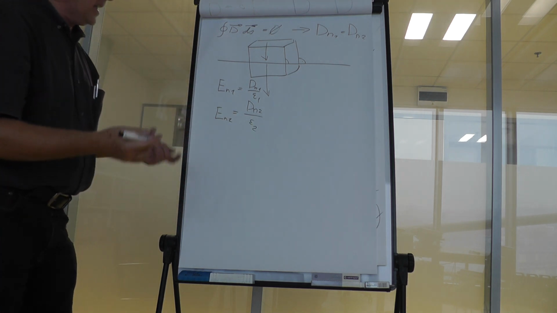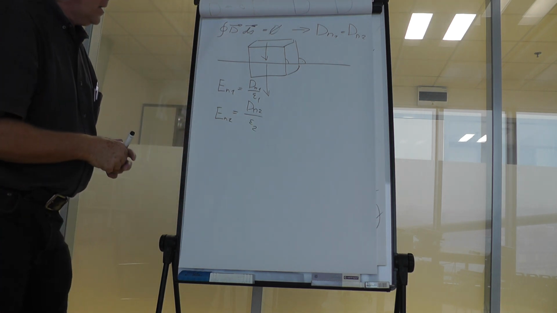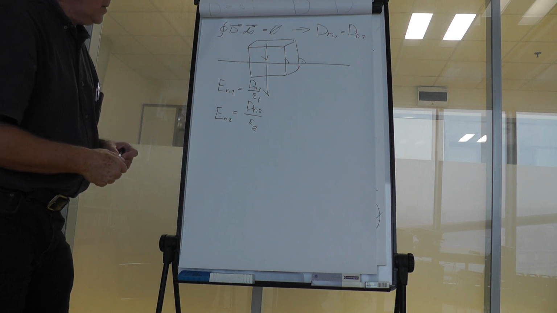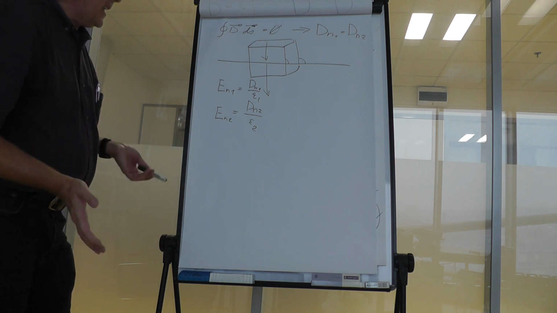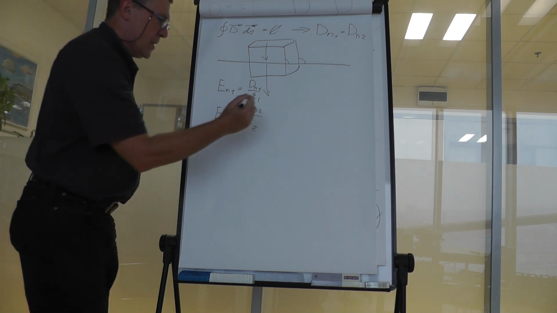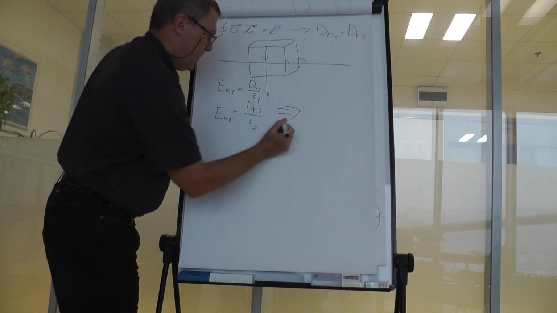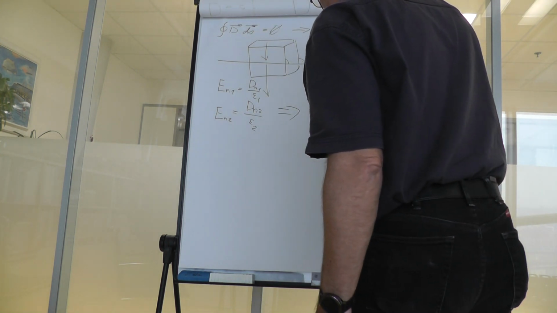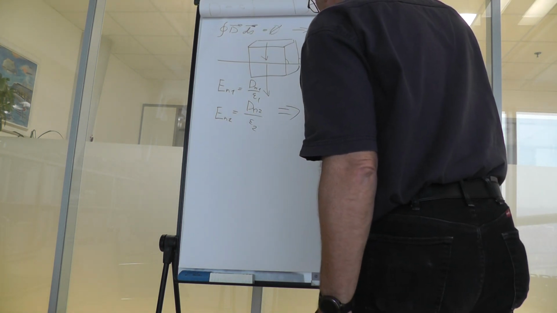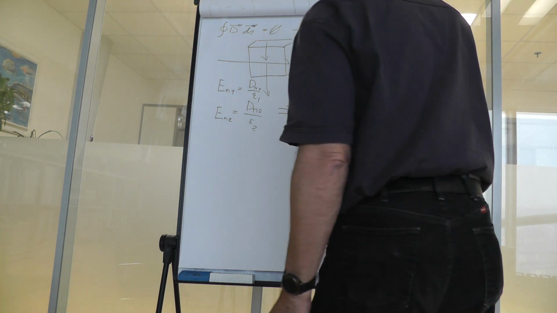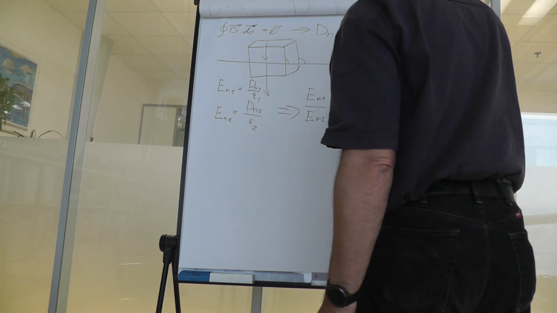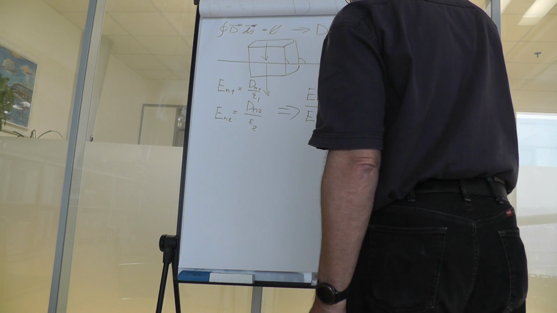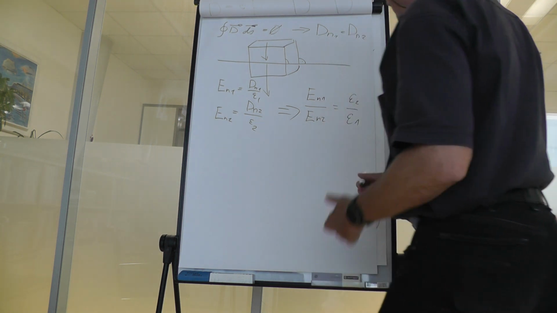Again, as there is nothing against dividing those two equations, we would get E normal 1 over E normal 2 as epsilon 2 over epsilon 1.